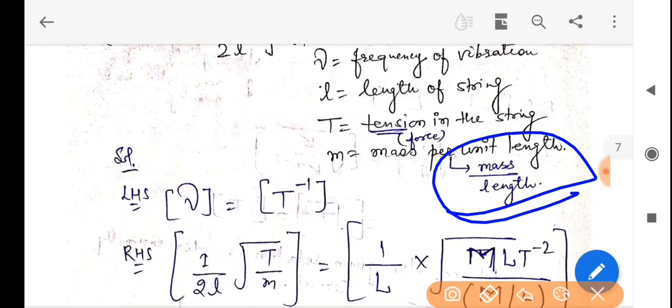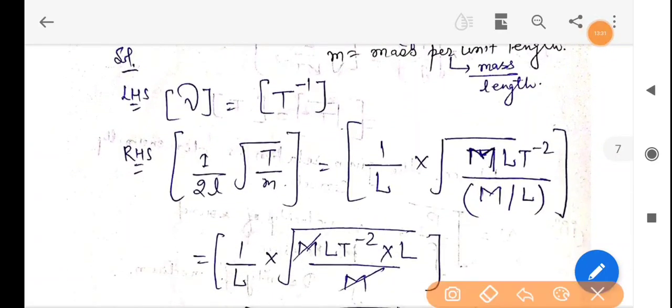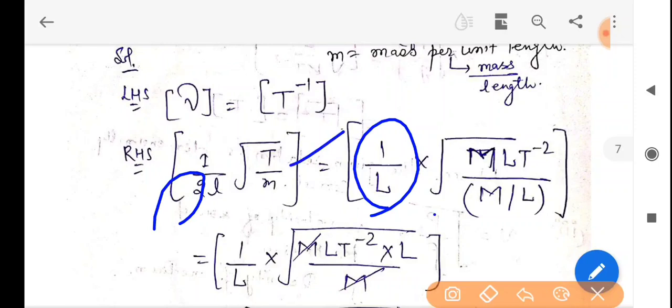Let us see, dear students, in the LHS there is frequency. Frequency has dimension T to the power minus 1, and in RHS we have been given 1 upon 2L root under T upon M. So this is 1 by L, because 2 is dimensionless, into under root T, where T is tension.